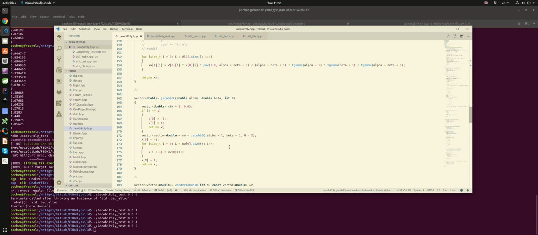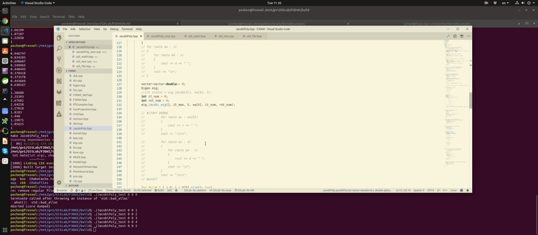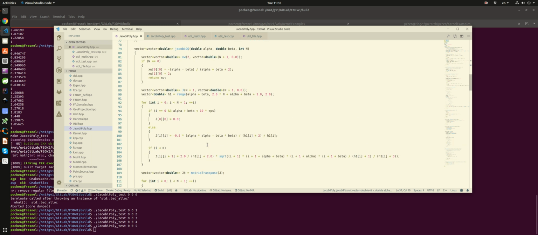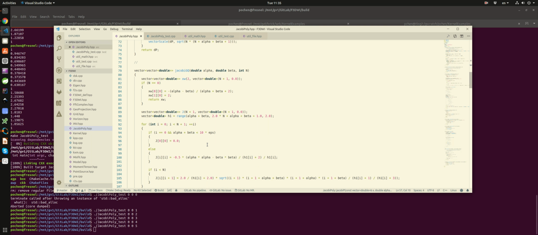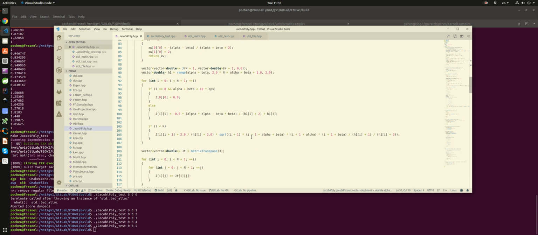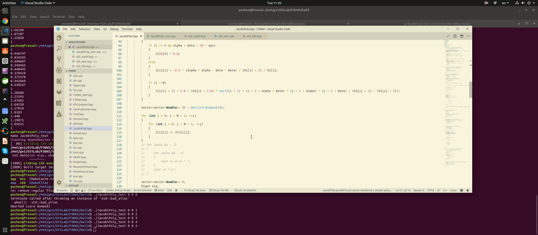The Jacobi GQ function is for computing the Gauss quadrature points for doing numerical integration, and this function has to use an eigenvalue decomposition.